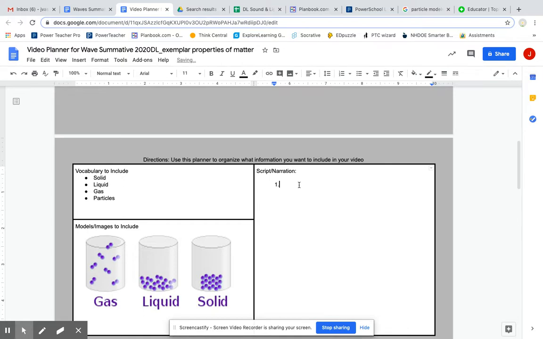The first thing I'm going to talk about is how Model X represents a solid. And this is because the particles are touching. They have a rigid structure, and they are arranged in an orderly pattern.